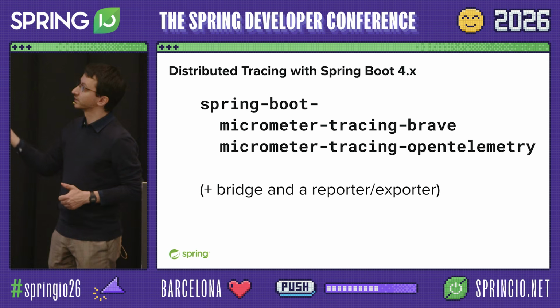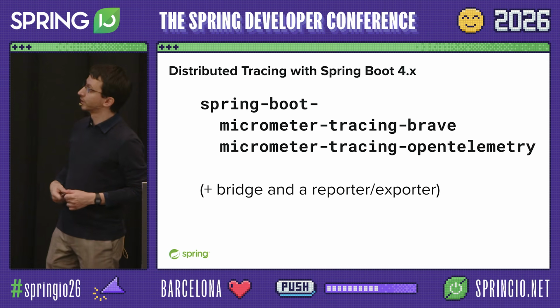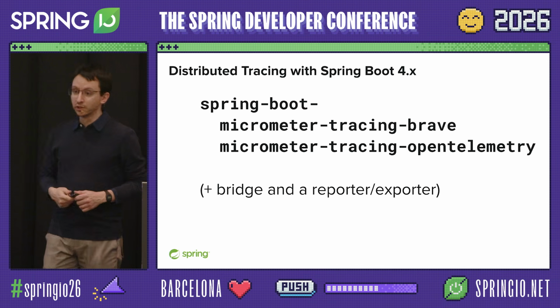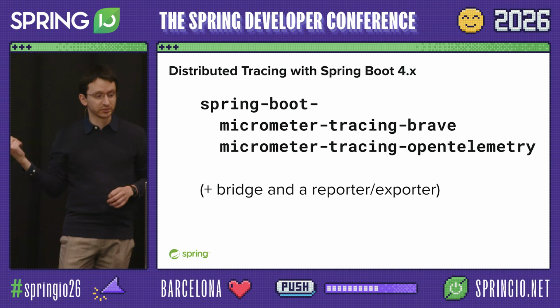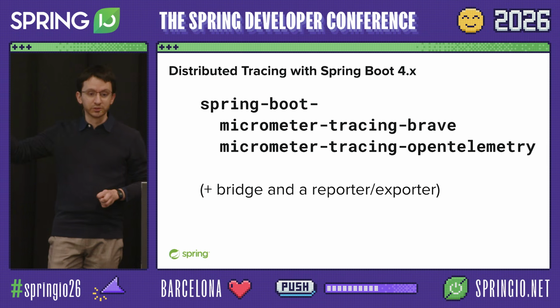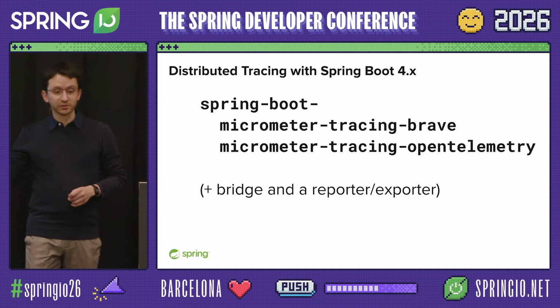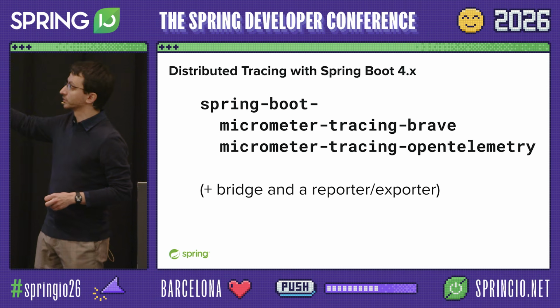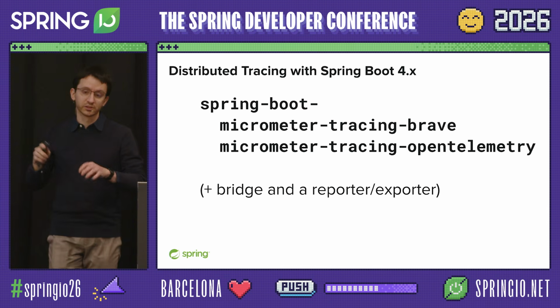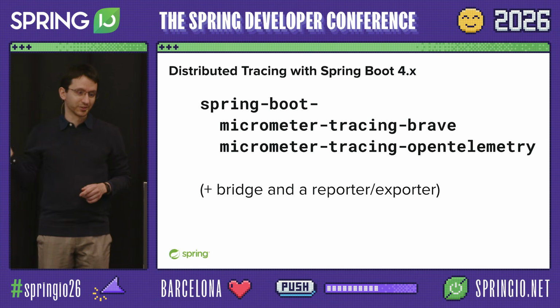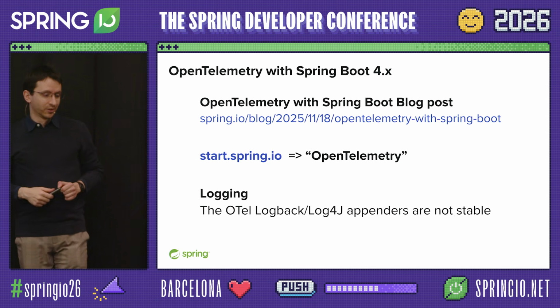You can see there is Spring Boot Micrometer Tracing Brave and Micrometer Tracing OpenTelemetry. You can use these as well if you want, but we highly recommend using the starter instead. These are the modules that will be used under the hood. You still need a tracing library, like a bridge, and also a reporter or an exporter. So you will not get away without those.